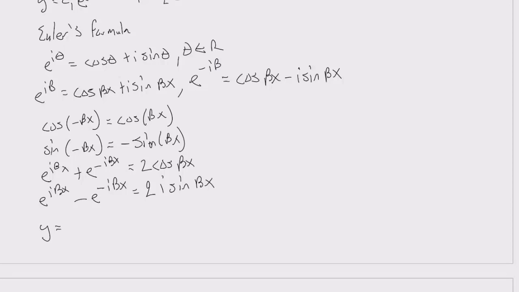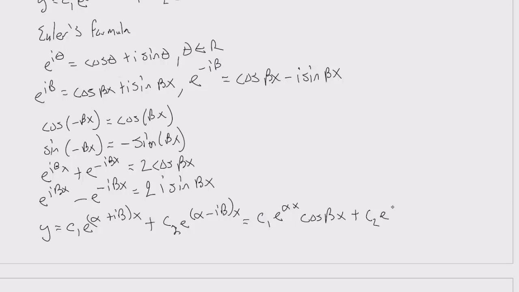When we said the solution to this particular differential equation was c1 e^((alpha + i beta)x) + c2 e^((alpha - i beta)x), if we apply all of those identities we just listed out, we can rewrite this as c1 e^(alpha x) cosine beta x + c2 e^(alpha x) sine beta x, which, if we factor out e^(alpha x) from each term, we end up with e^(alpha x)(c1 cosine beta x + c2 sine beta x).